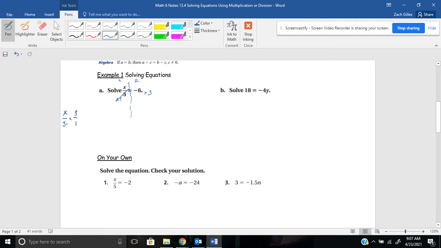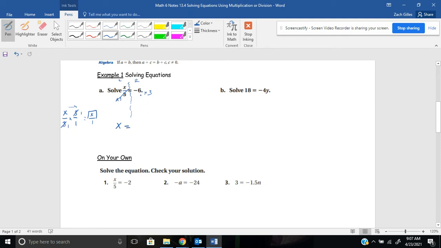And I see that these two numbers are the same, so I can divide them each by 3. 3 divided by 3 is 1. 3 divided by 3 is 1. And now I can multiply. x times 1 is just x over 1. Well, anything over 1 is itself. So I'm just left with x. And that's why multiplying by 3 here isolates my variable x.